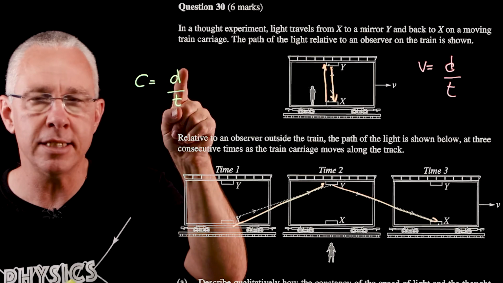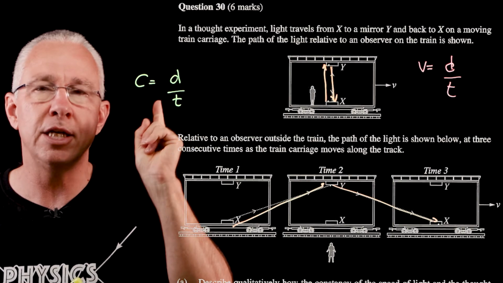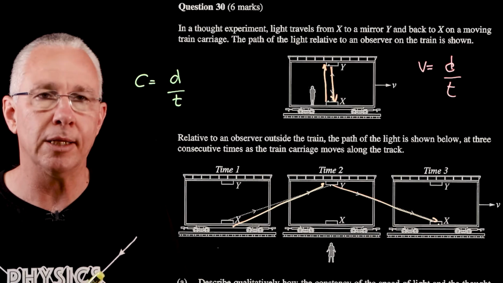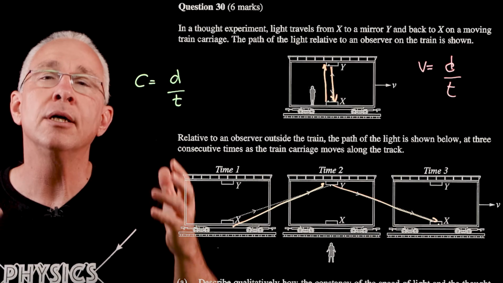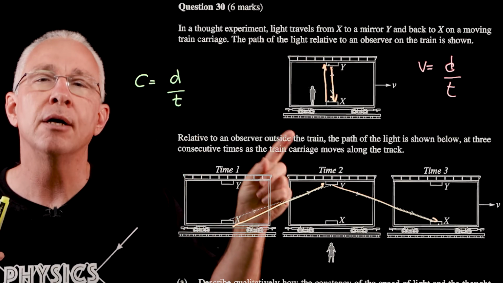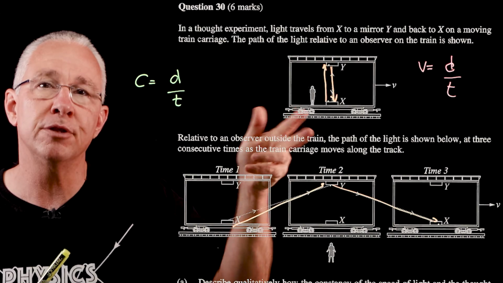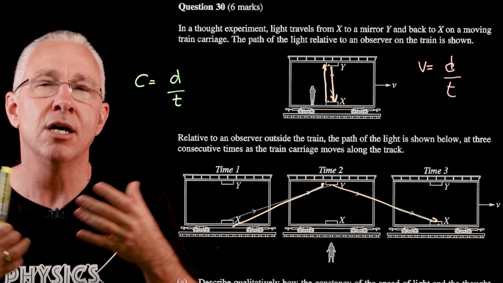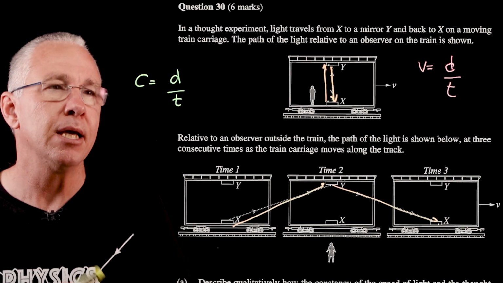And so if the distance gets bigger for one observer, then the only solution is that the time gets bigger as well. And so the constancy of the speed of light predicts that the time measured for the same event from two different observers in different frames of reference will be different. And that's the essence of time dilation.